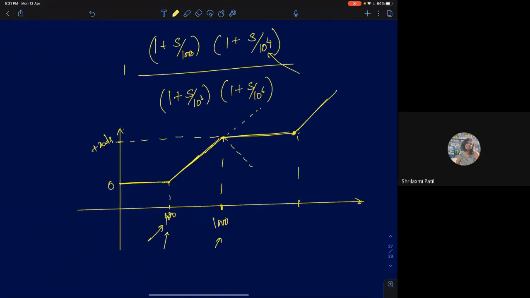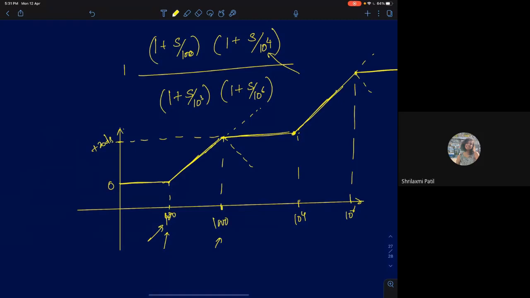What is the next thing that we will encounter? Will it be a pole or 0 after this? A pole, right? A pole at 10 power 6. So this is 10 power 4. What will be the amplitude at this point? After that it will saturate because 0 will try to increase it, pole will try to decrease it. What will be the amplitude at this point? 60 decibels.